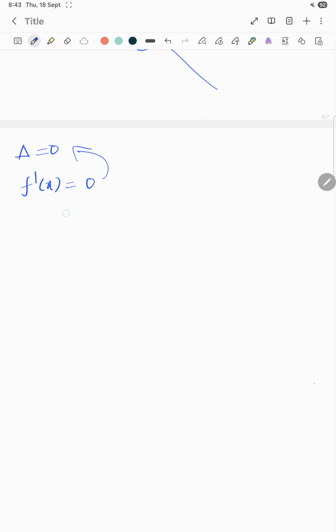So f dash of x has two real roots, and both are equal. Let us say x minus alpha into x minus alpha, that is, f dash of x is equal to a into x minus alpha whole square.